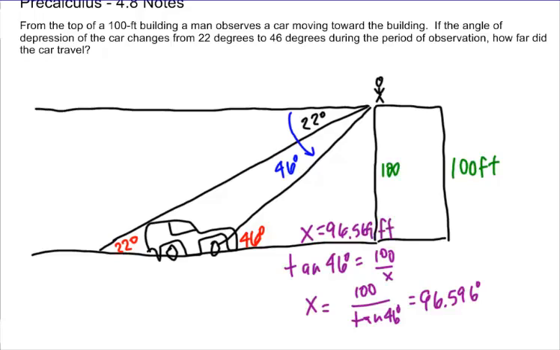And so if I want to know how far the car moved, I need to figure out the whole distance. So I need to figure out this whole entire distance here, all the way across. We'll just call it y. And what do I have? I've got the tangent, not of 46 now, but of 22, because that's the angle I'm using, is equal to the opposite side, 100, over the adjacent side, which is y.